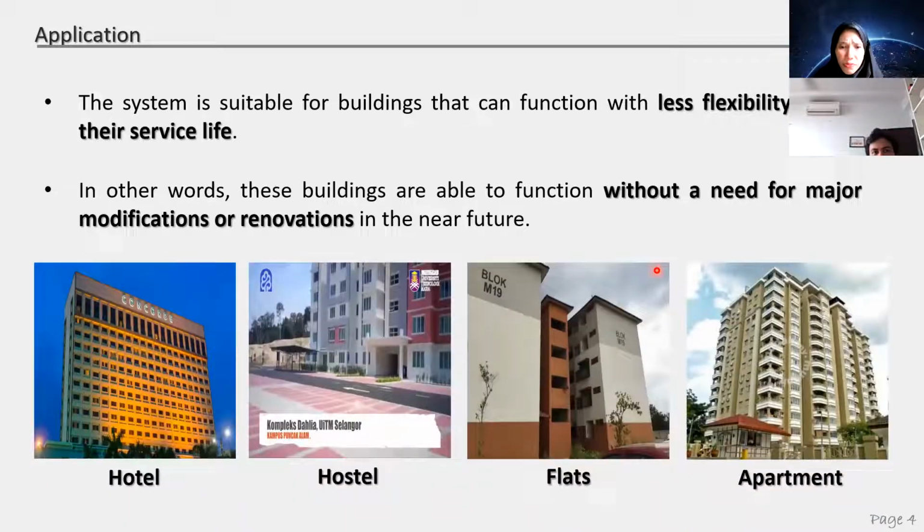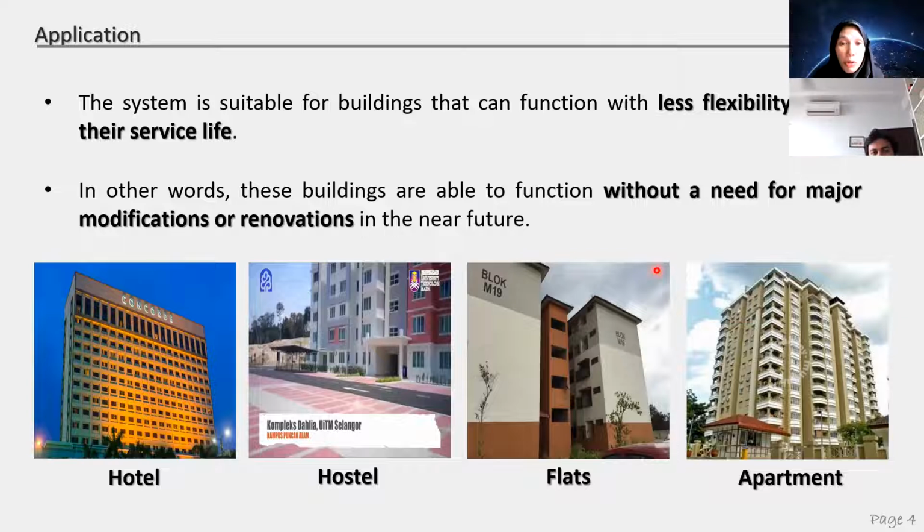So what I mentioned is that the design that is economic to use with the formwork system is a building with a similar, modular design and a high number of repetitions, such as a tall building like a hotel, hostel, flats, apartment, even a school that has similar repeated design.